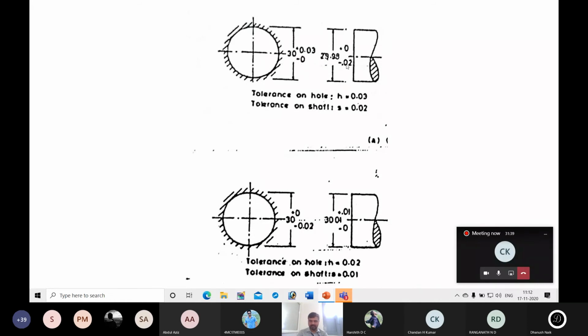Next, the tolerance limit of the shaft: 29.99 is the required dimension of the shaft. Upper limit 0, lower limit 0.02. Which type of fit are you going to get with these values for hole and shaft?